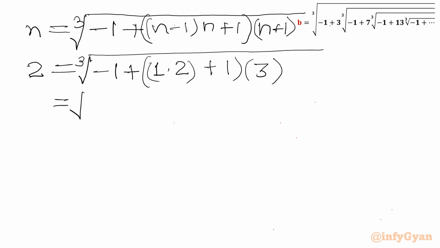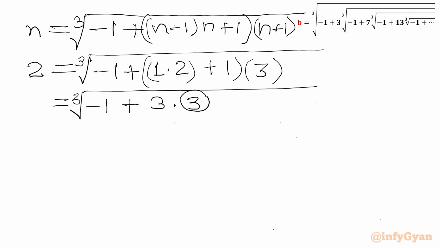So I can write here cube root of negative 1 plus, this is 1 times 2, so 2 plus 1 is 3. So I will be writing here 3 times 3. Now this 3, I will apply the recursion formula once again. The same formula we can apply for n equal to 3.